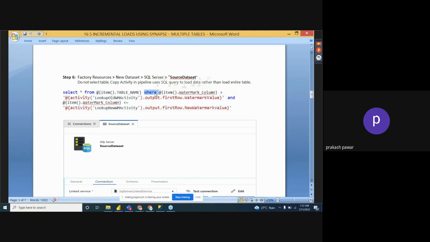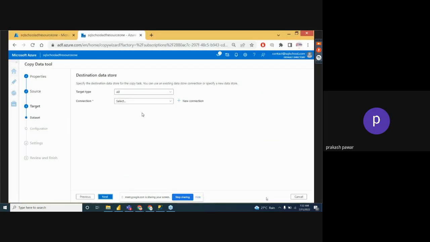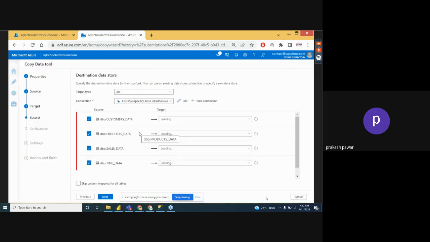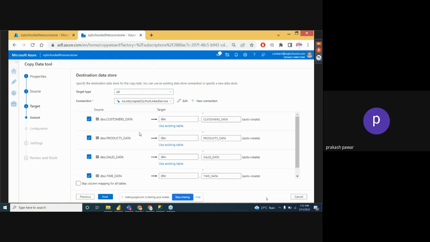Please revise the WHERE condition in Transact-SQL, the WHERE keyword, for our next classes. The destination is Synapse SQL pool. Source is ready, destination ready.